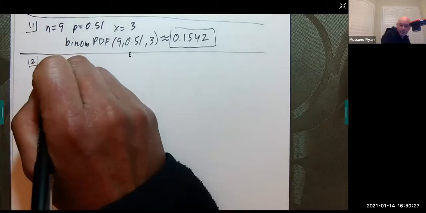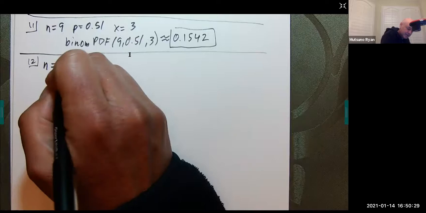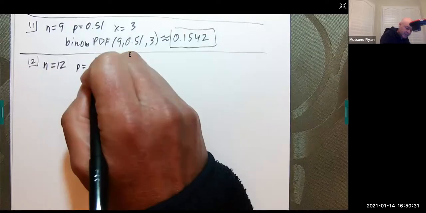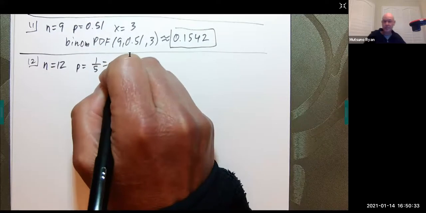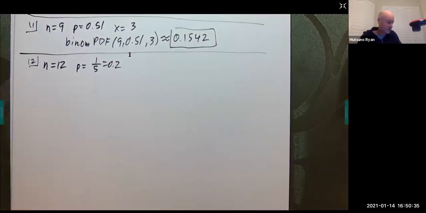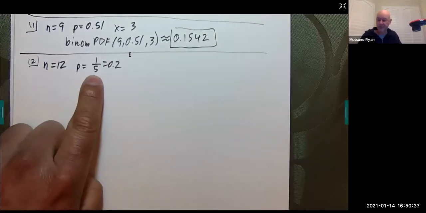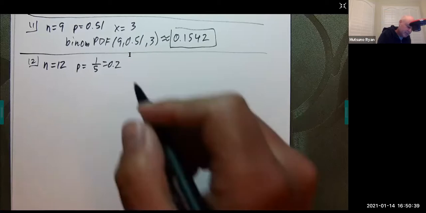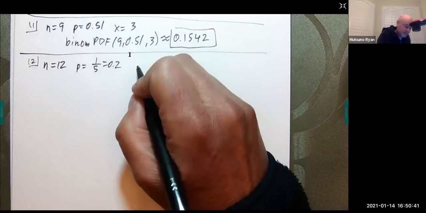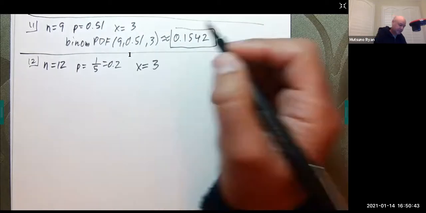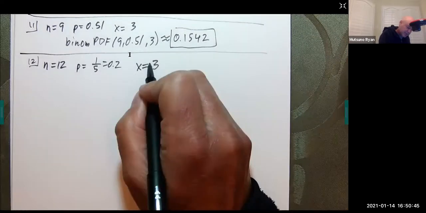N is 12. Now, P is a 1 in 5 chance, which is 0.2. And if you want, you can just directly put into the calculator the 1 divided by 5. That's fine too. X is exactly 3 again. So because it's an equals, we're going to use the PDF again.